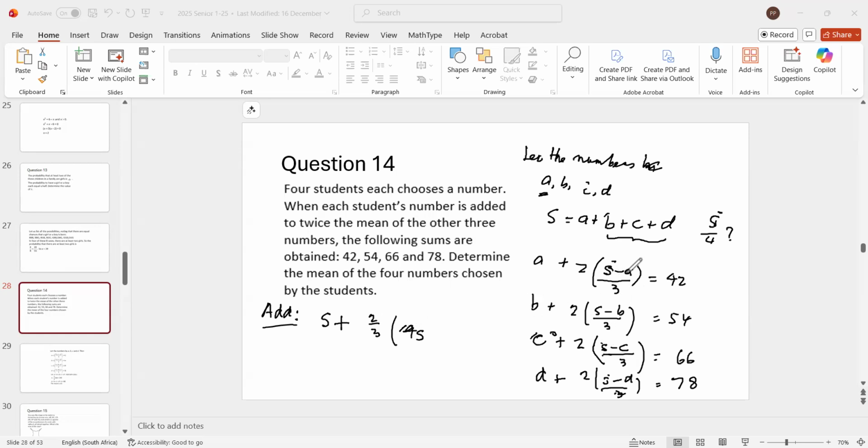And then you get minus A minus B minus C minus D, which is minus S. Right? And that is equal to, adding on both sides, when you add the other side, you'll get 240.